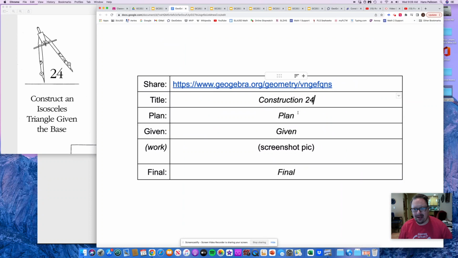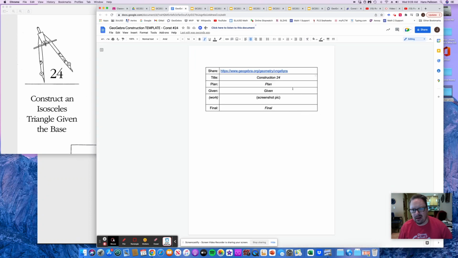And our plan is to construct an isosceles triangle given the base.